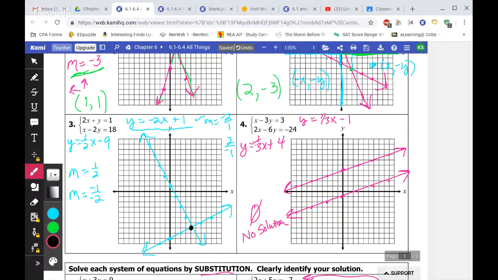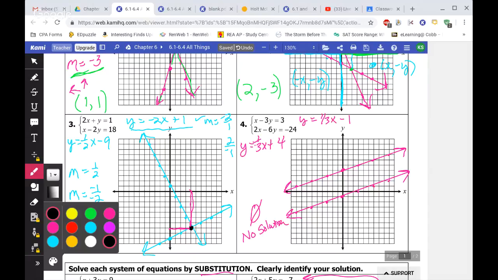What are the coordinates for that point? What are the coordinates for the point where they intersect?